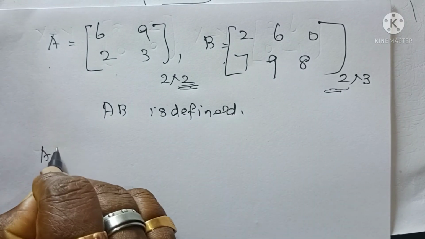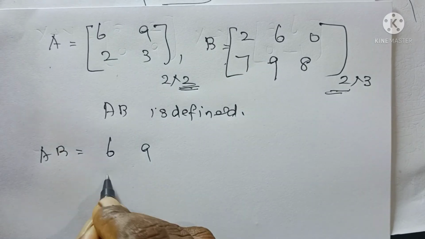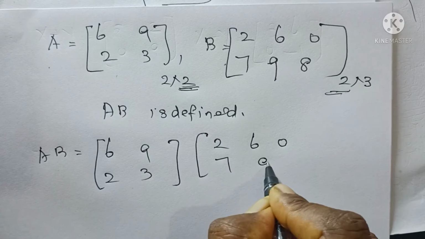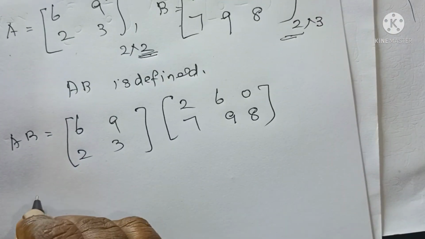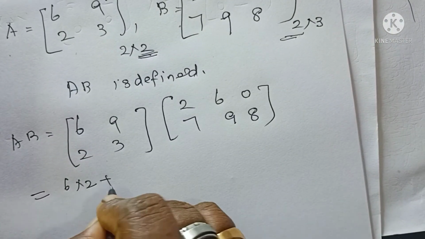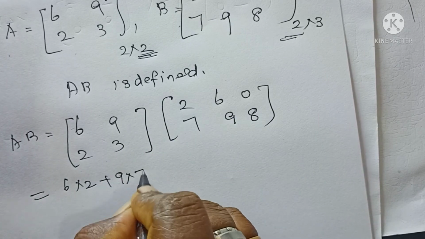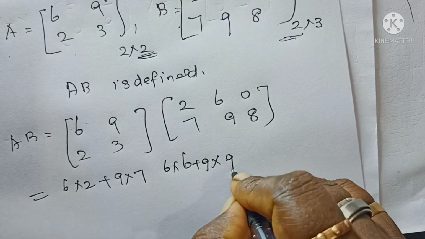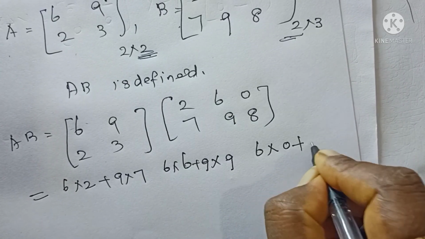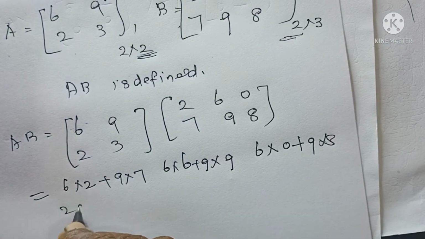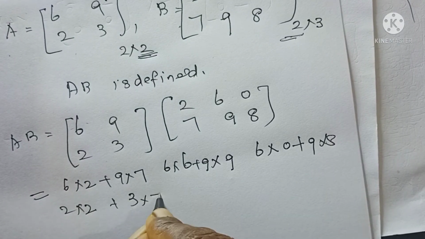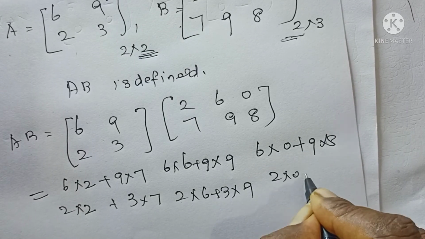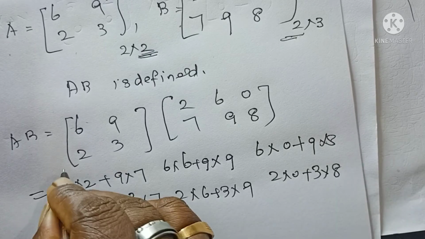So AB is equal to 6, 9, 2, 3 times 2, 6, 0, 7, 9, 8. So which is equal to 6 into 2 plus 9 into 7, then 6 into 6 plus 9 into 9, 6 into 0 plus 9 into 8, then 2 into 2 plus 3 into 7, 2 into 6 plus 3 into 9, then 2 into 0 plus 3 into 8.